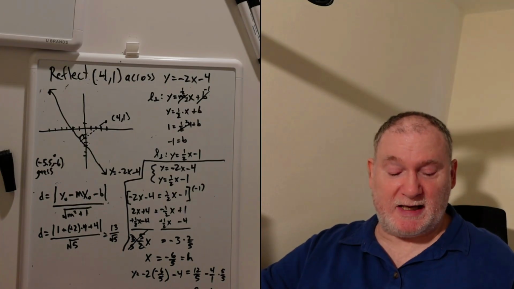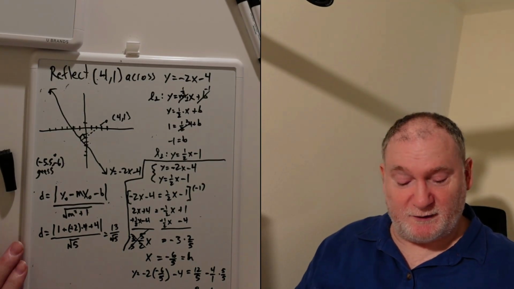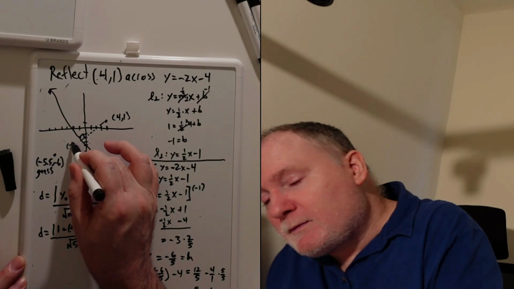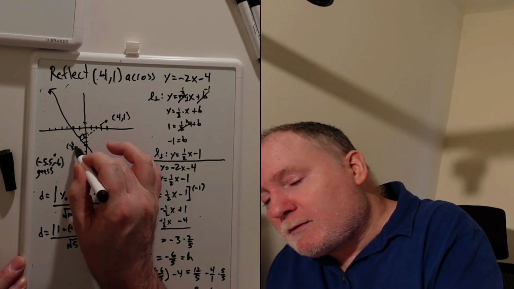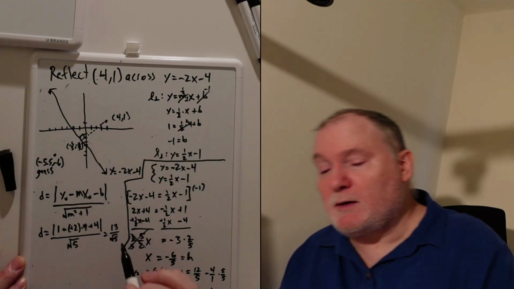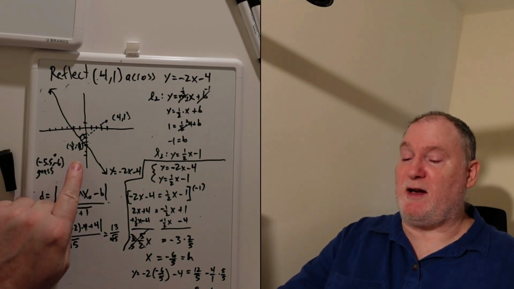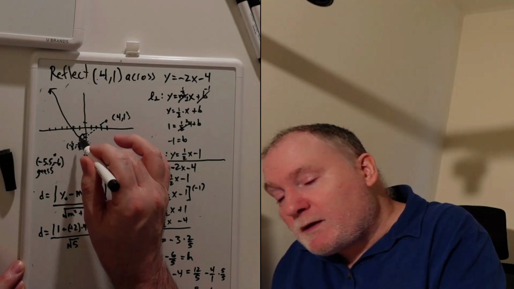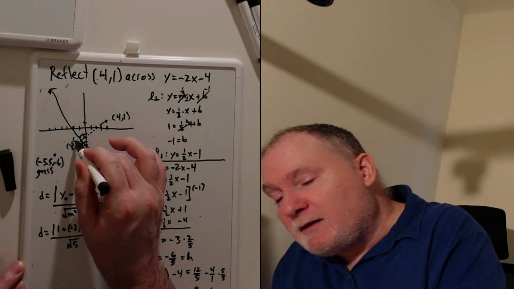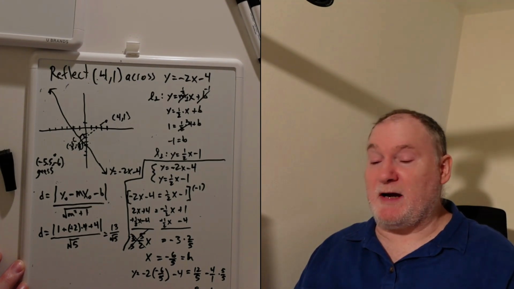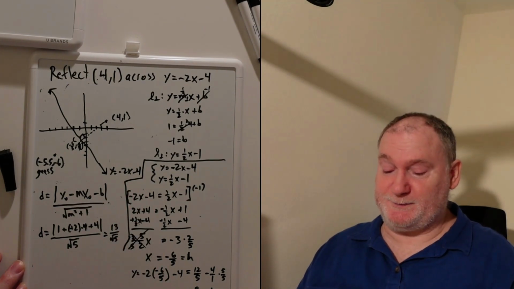So now I have h, k as negative 6/5, negative 8/5. So that's negative 6/5 comma negative 8/5. And I'm going to label this C for the center of our circle. So now we've got the center of the circle.